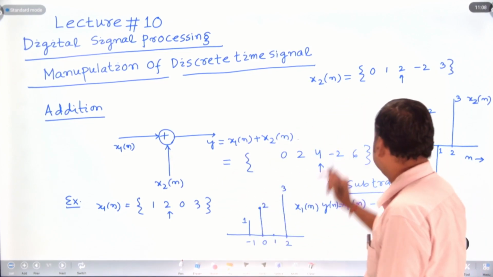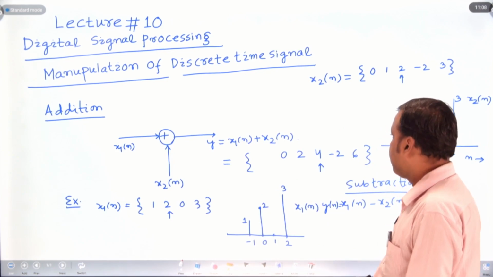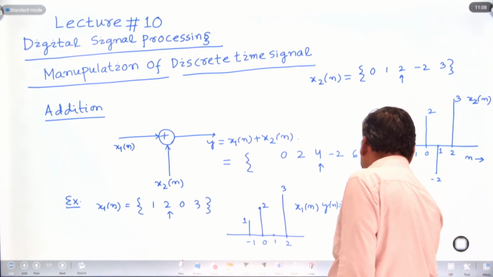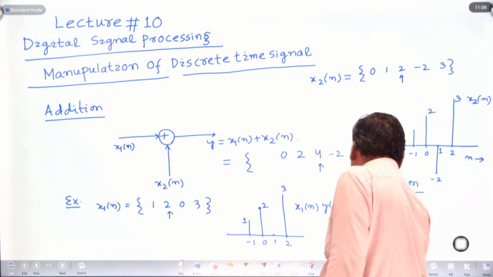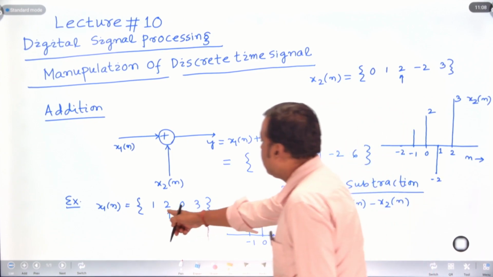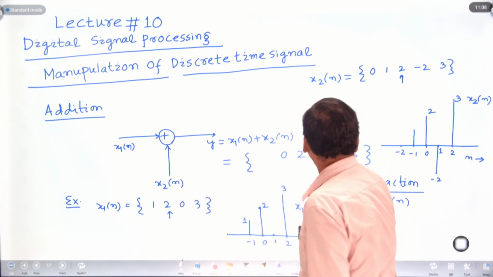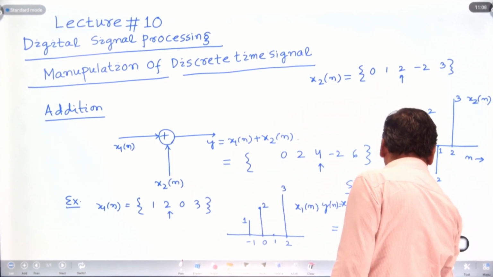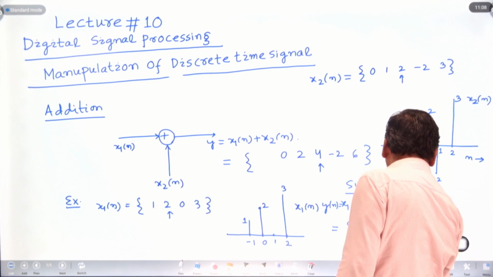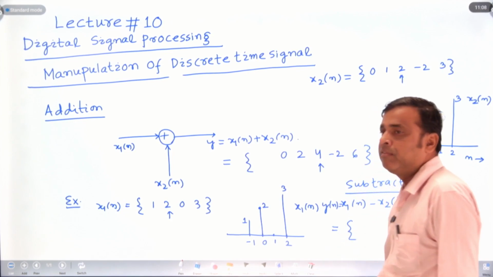This minus this, exactly the same thing. For n equal to 0, the value is 2 and 2, so 2 minus 2 is 0. That means at the origin n equal to 0, x1 of 0 minus x2 of 0 is 0.